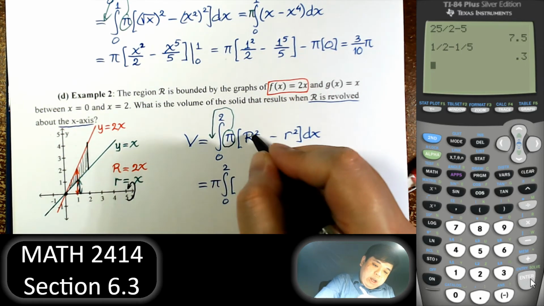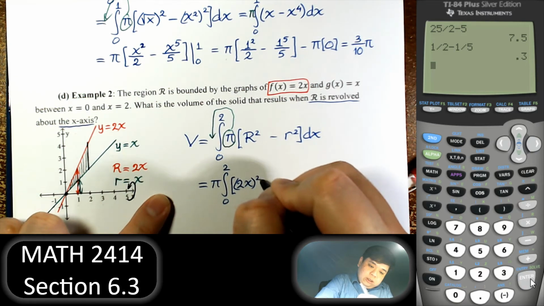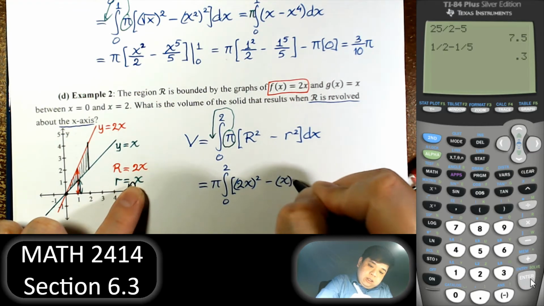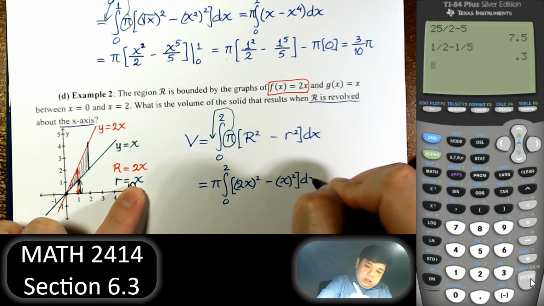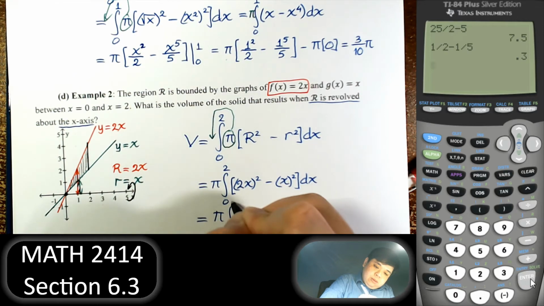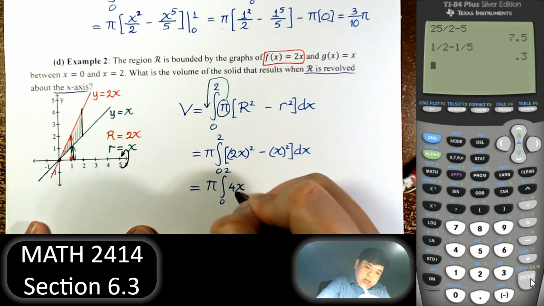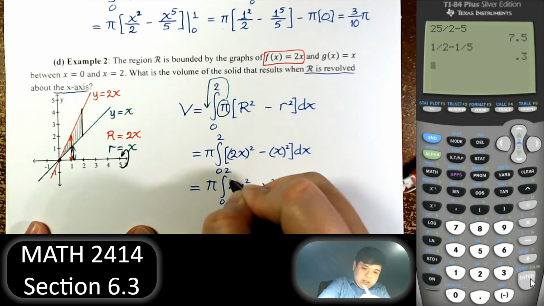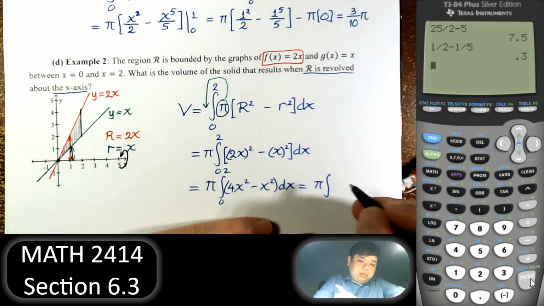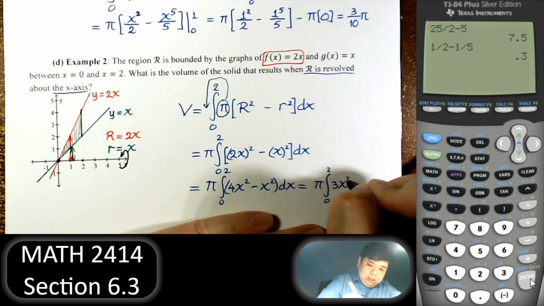And we have the radius squared. Big R is 2x squared. Little r is x. So 2x squared, so there will be 4x squared minus x squared. So we have 3x squared dx.